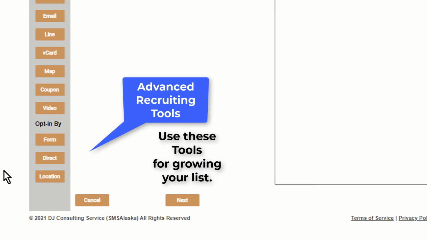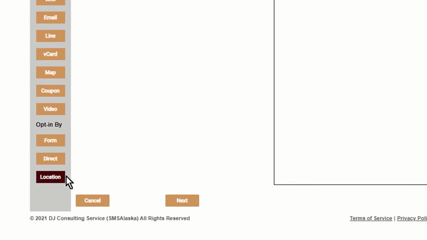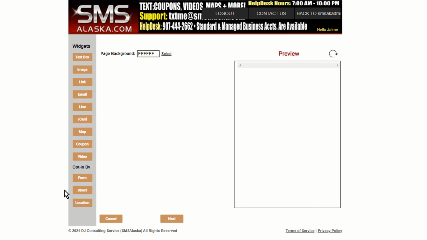They would text that in, they would get the form you create here in the landing page, and then they would become part of your list, and then you could market to them or share information with them. That's what this is for. We're not doing this today.